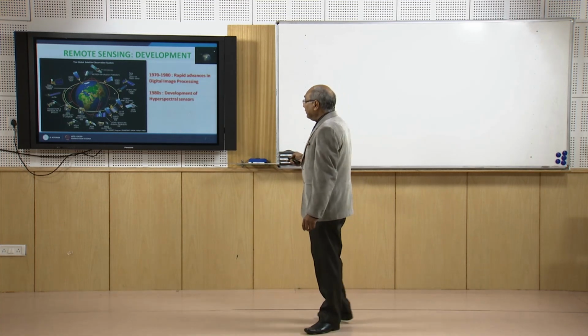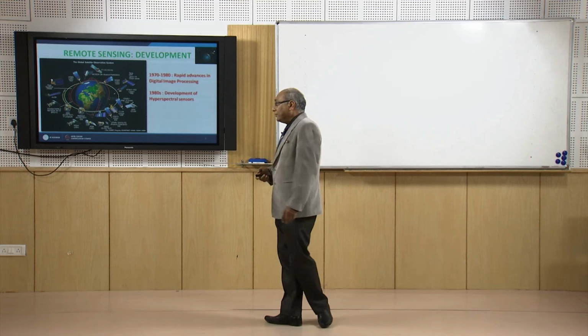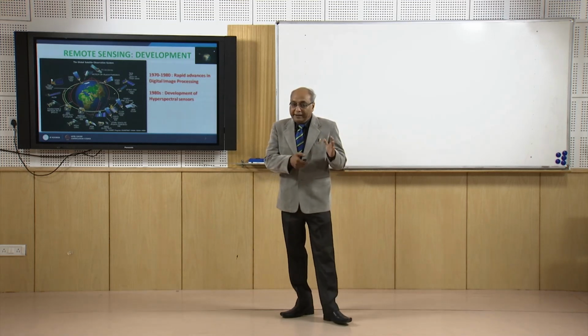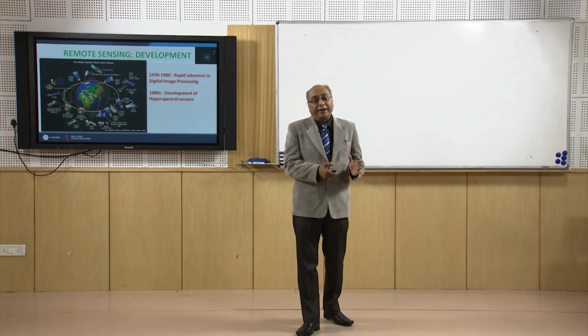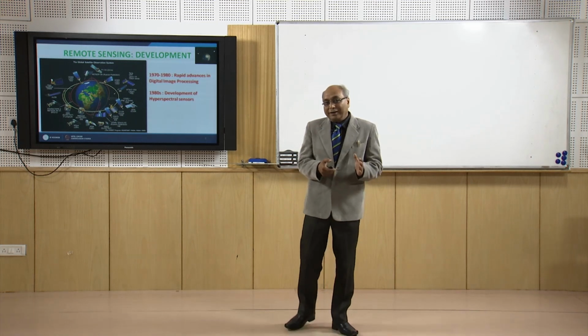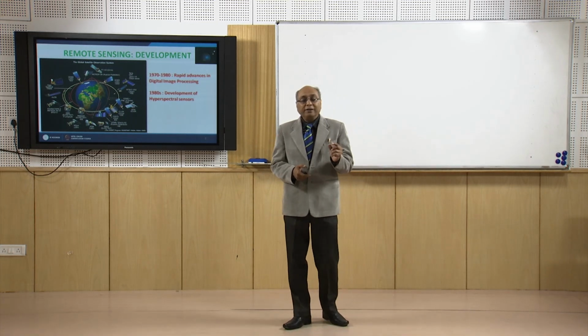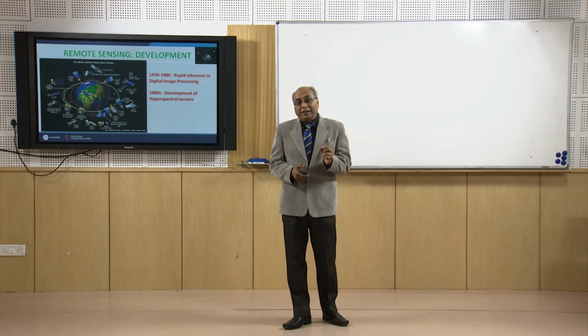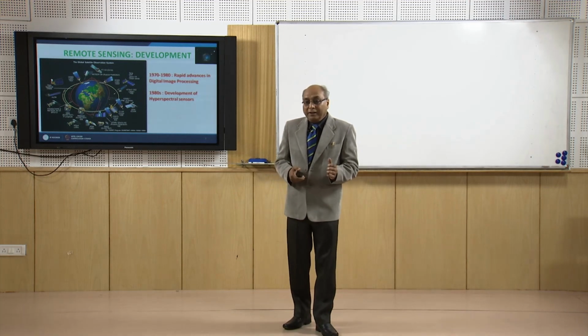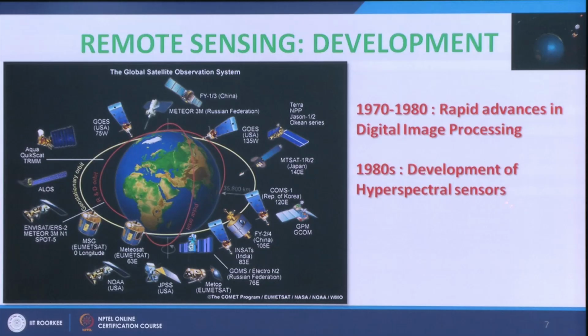In the 1980s came the development of hyperspectral sensors. Like in Landsat MSS, there were only 4 bands. People started looking for thinner bands, meaning narrow bands, and also many bands, and that basically brought the development of hyperspectral sensors.